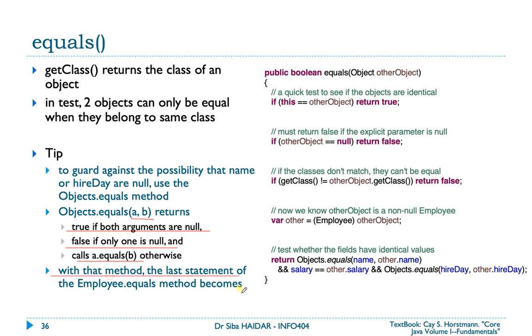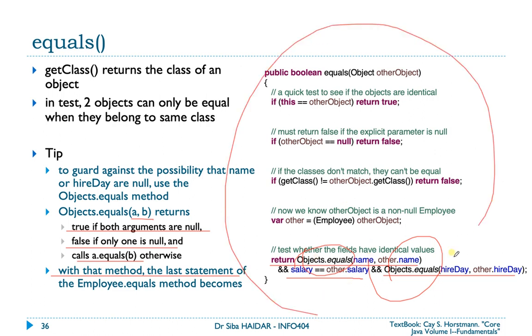With that method, the last statement of the Employee equals method becomes: return Objects.equals(name, other.name) && salary == other.salary && Objects.equals(hireDay, other.hireDay). So here we used Objects.equals twice. So this is ideal as a definition for equals.